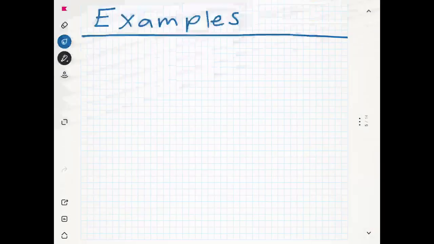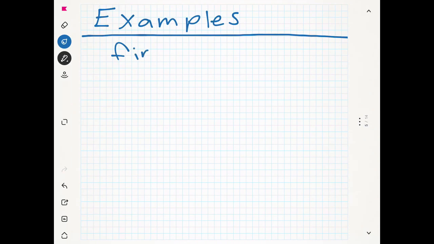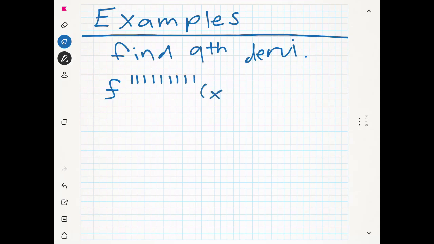What if a question asked you, for example, to find the ninth derivative? If you were to use the Lagrange notation, you'd literally have to write f with 9 primes, 1, 2, 3, 4, 5, 6, 7, 8, 9, x.